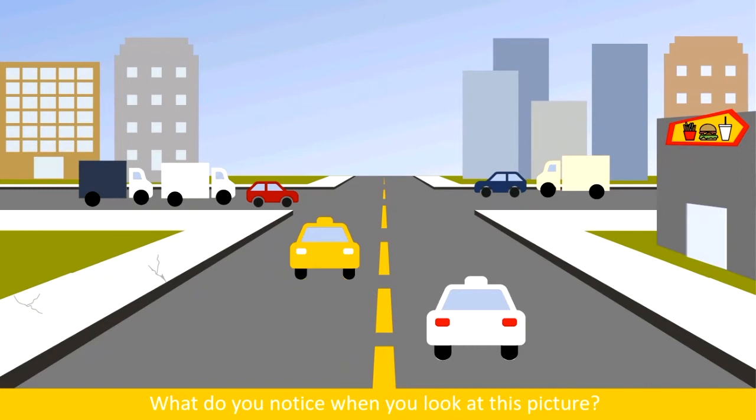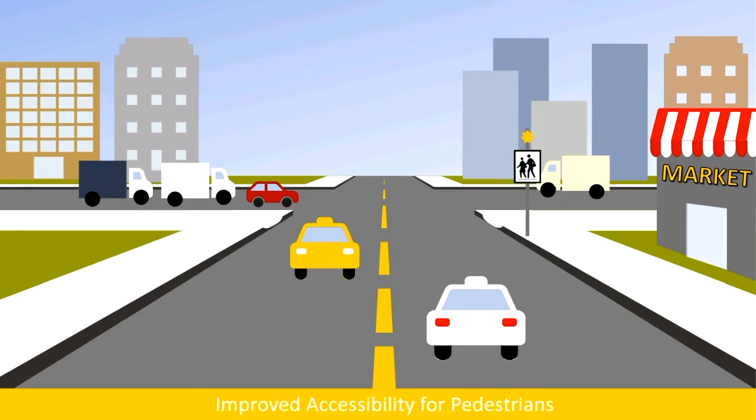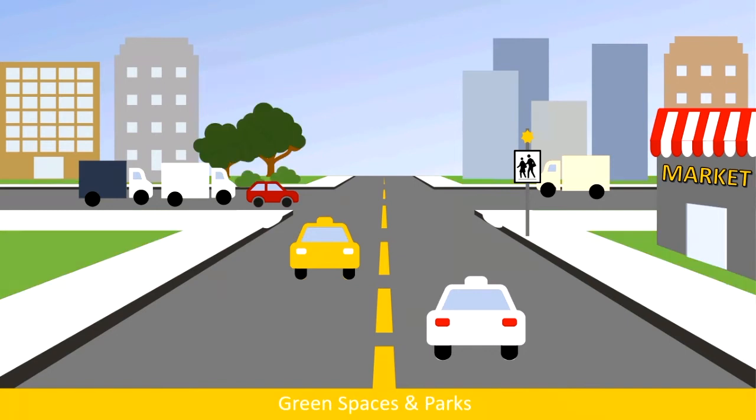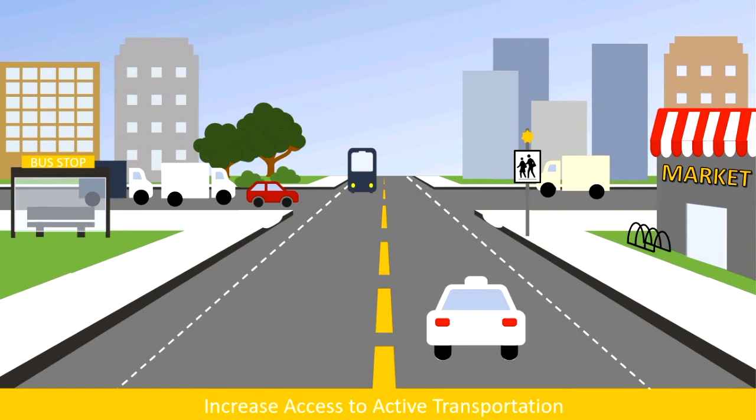When I see this image, I think about all the ways that the community could be optimized to improve health outcomes, such as through increased access to healthy foods, improved accessibility for pedestrians, increased access to green spaces and parks, increased access to public transportation, and increased access to active transportation. And the reason that I'm able to identify so many improvements is because I view the world through a health lens, just as many of you do.